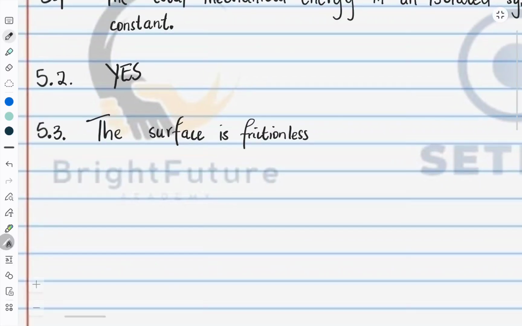Yeah, let's leave it as that. The surface is frictionless at points A to B to C. Okay, so that's what you would typically say.